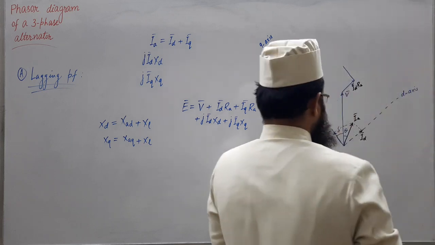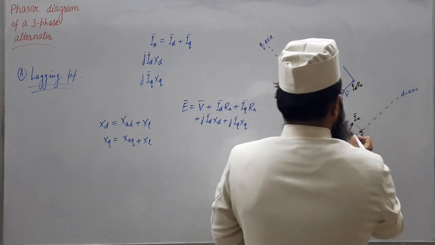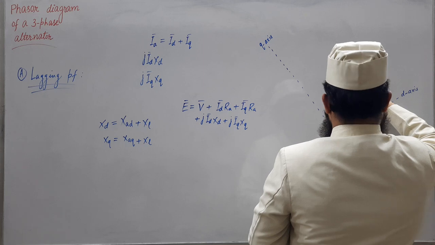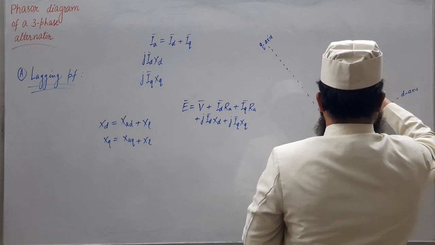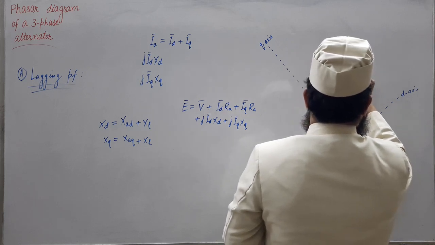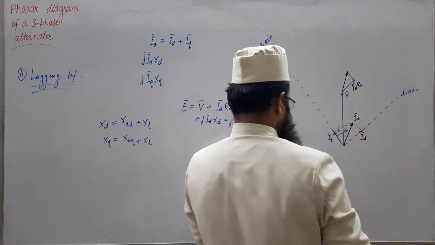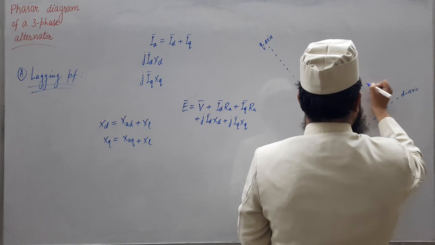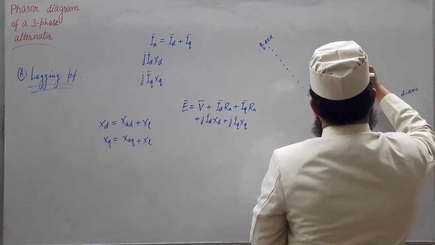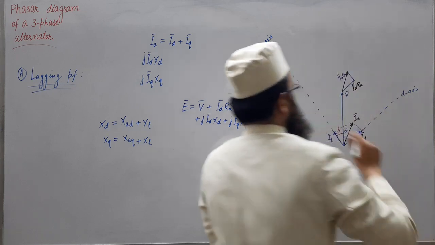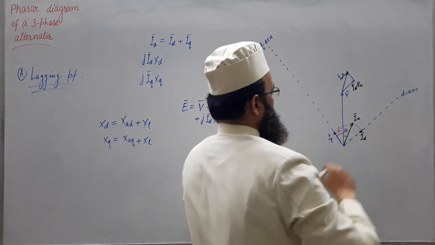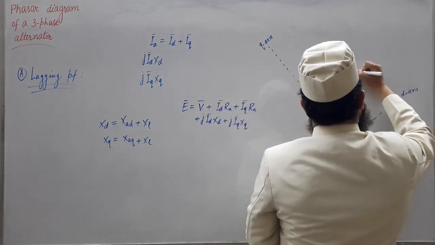Or you may write IA RA, parallel to IA. IA RA is nothing but ID RA plus IQ RA.